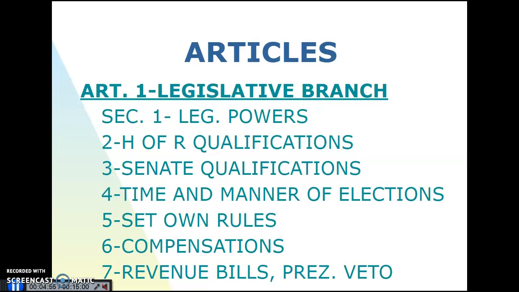The Senate qualifications then in Section 3, again, I'd write these down. You have to be 30 years old to be a senator. You have to be a 9-year citizen of the United States. And you have to live in the state you're going to represent.